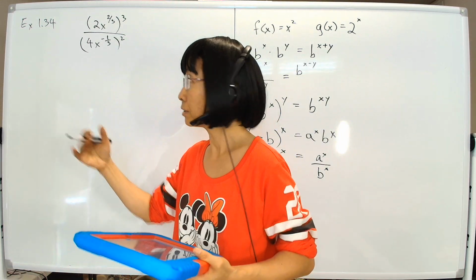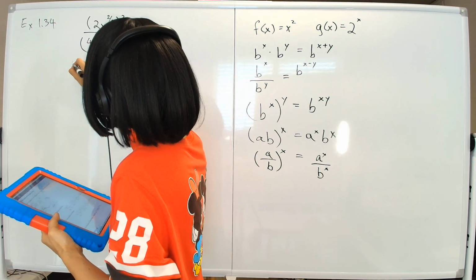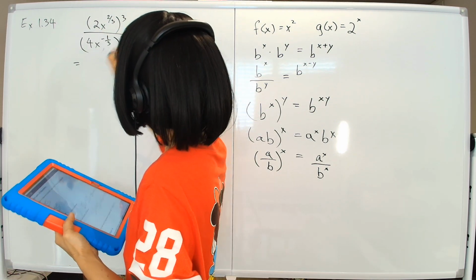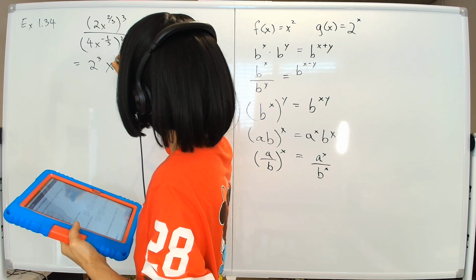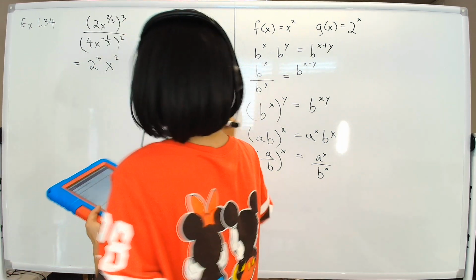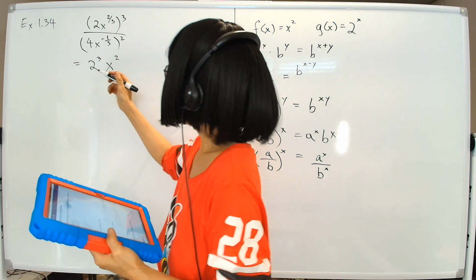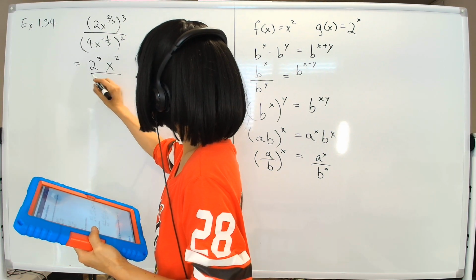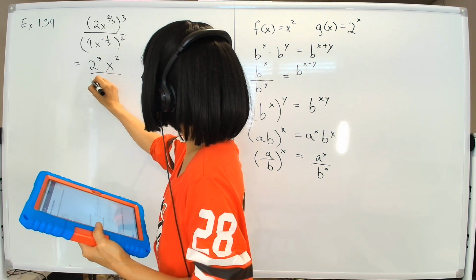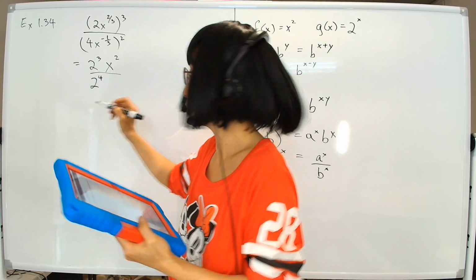So that equals 2 to the power 3, x to the power 2/3 times 3, because of this rule: it multiplies the power outside by the power inside, and then divided by 4 squared. 4 squared is 2 to the power 4. I changed it to 2 so that we can do easy stuff later.